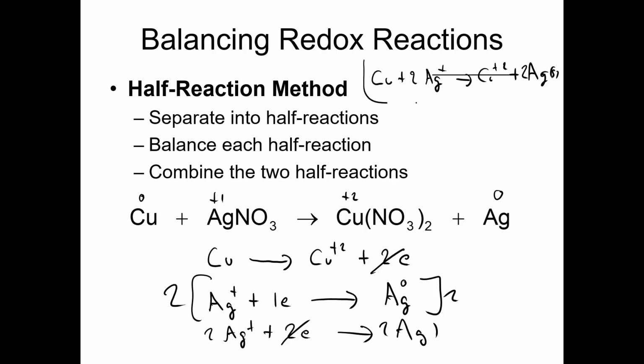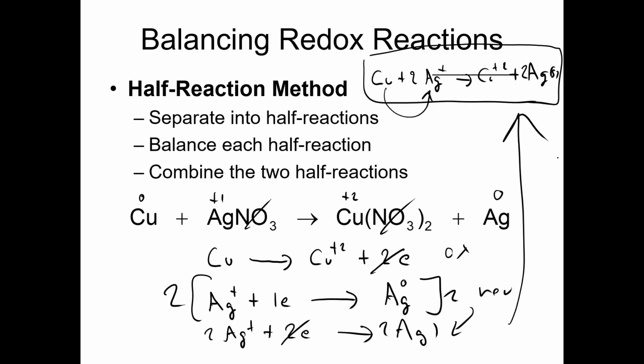So that is the balanced reaction that focuses on the redox chemistry and leaves out even the nitrate and the electrons, right? So here electrons are flowing from copper to silver. So we separated the reactions. We had the oxidation, the reduction, balanced the electrons, and then pulled it together.